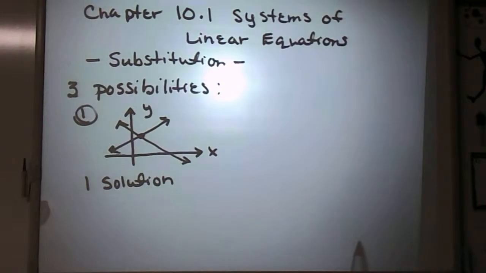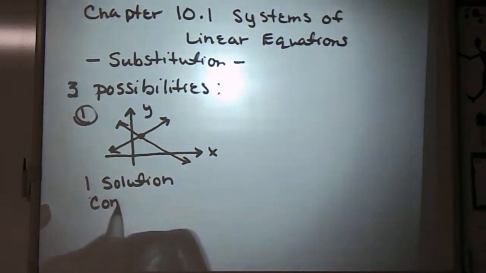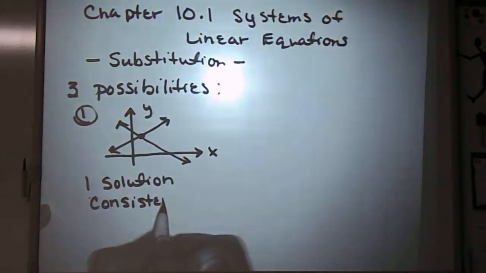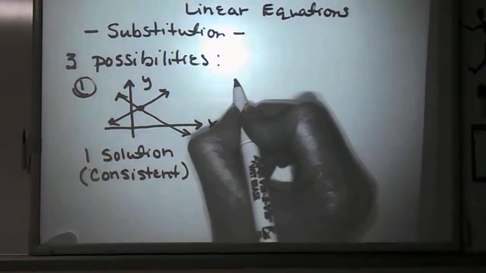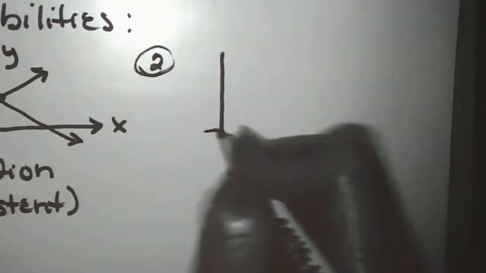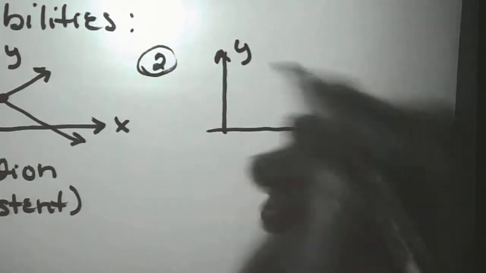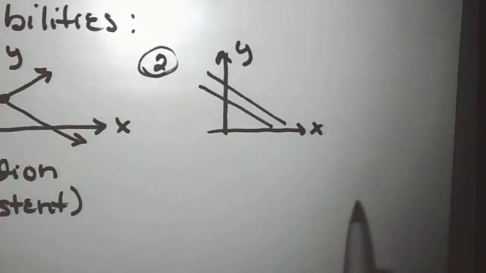And when we get to PreCal, we have a fancy name for that. We call this system consistent. So you're going to see that word in your book today, consistent. The second possibility is if we have two parallel lines.